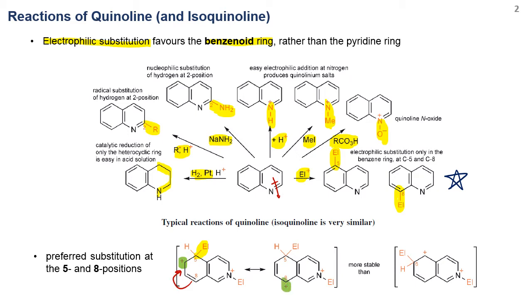But if you react at the 6th position, for example, the positive charge here cannot be stabilized by resonance unless you break the aromatic system of the second ring. So this resonance is not good because your second aromatic system will be broken as well.